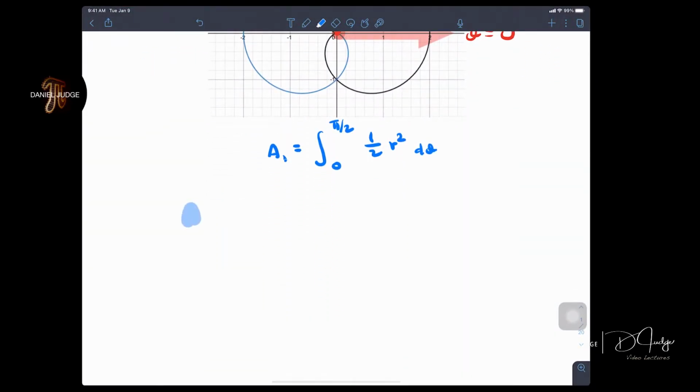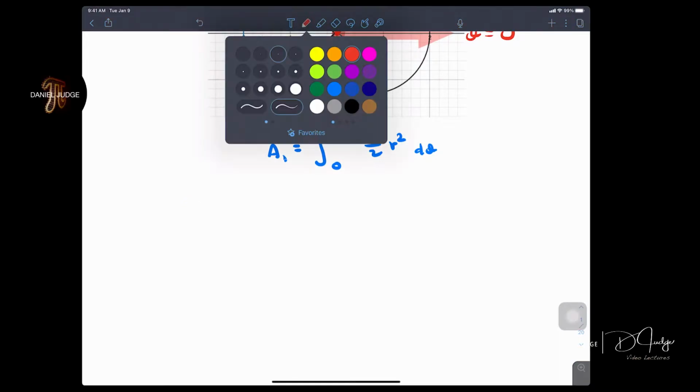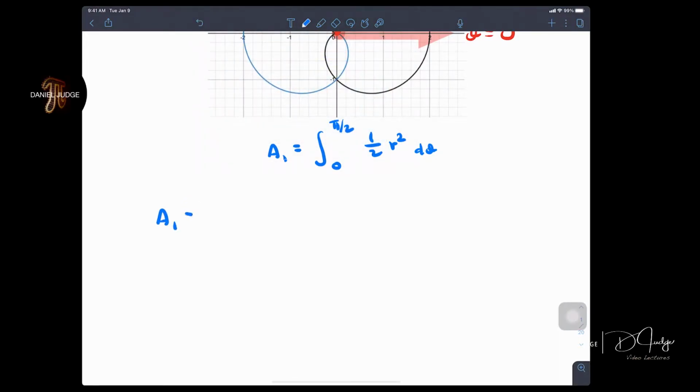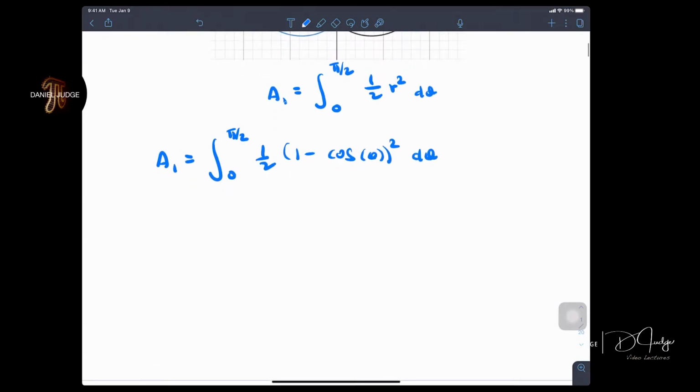So A1 will be the integral from 0 to pi over 2 of 1/2 times (1 minus cosine theta) to the second power d theta, which is 1/2 times the integral from 0 to pi over 2 of 1 minus 2 cosine theta plus cosine squared theta, if I use FOIL. And this is A1.